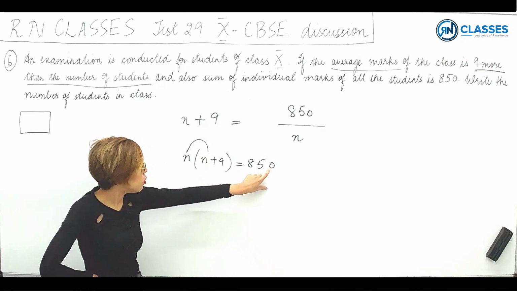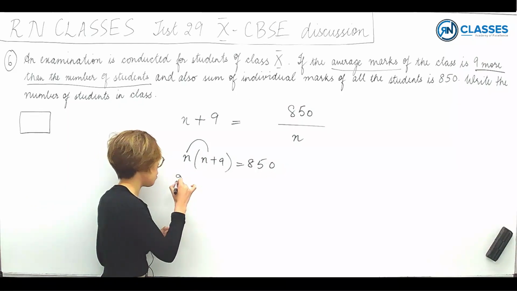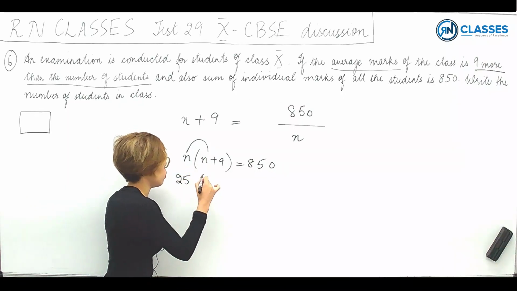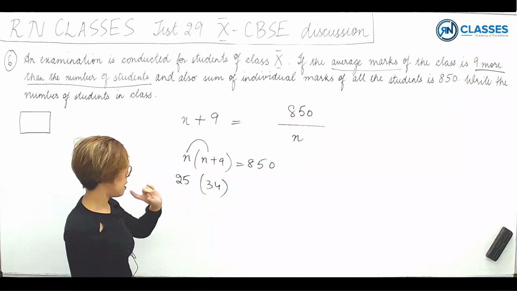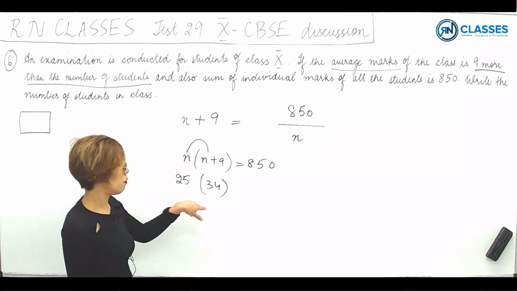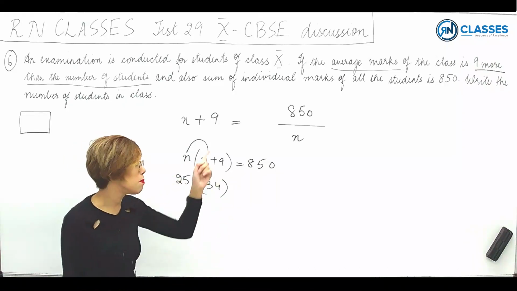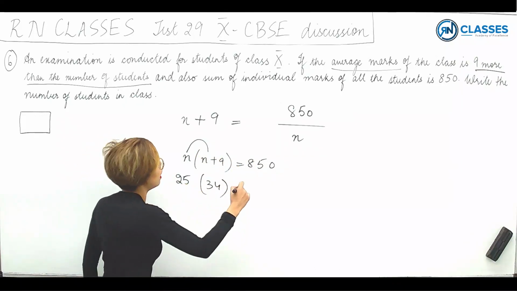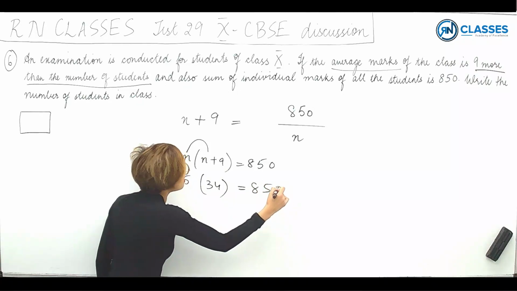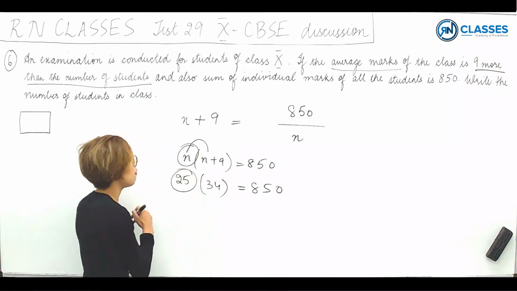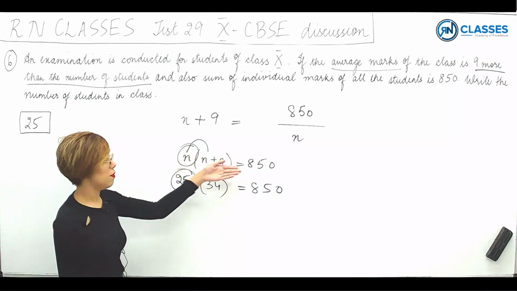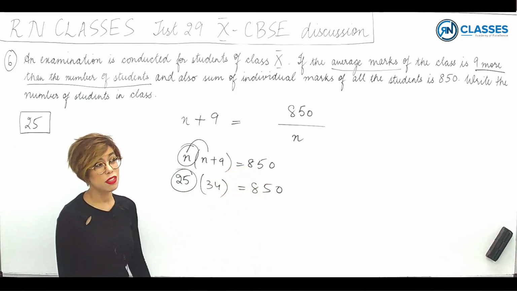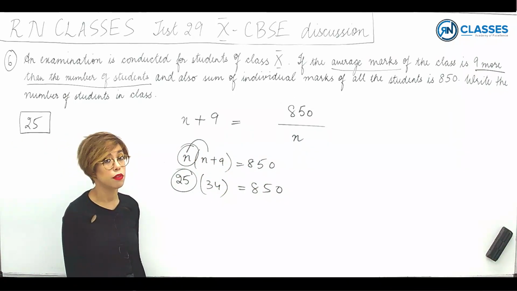So I take the next, 25 and the next 34. 25 into 34. 25 into 30 is 750 plus 25 into 4, which is 100. So 750 plus 100 is 850. So that means n has to be 25. You could obviously use the method of solving the quadratic equation, but the answer was there in front of you.